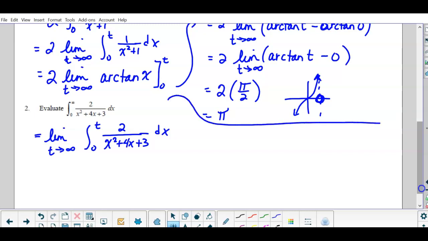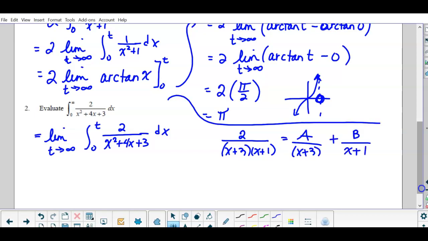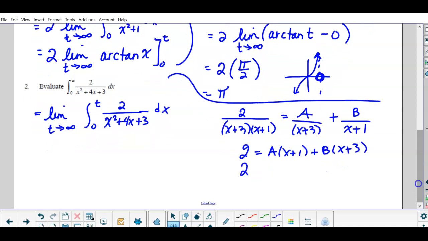I think we'll use partial fractions, so that is going to be x plus 3 times x plus 1. So A over x plus 3 plus B over x plus 1. So 2 equals A times x plus 1 plus B times x plus 3. 2 equals Ax plus A plus Bx plus 3B.